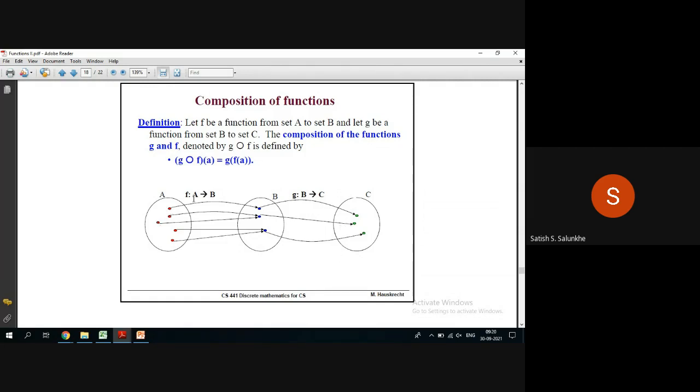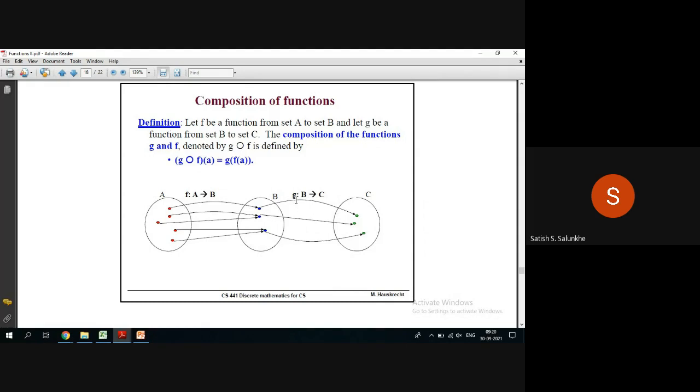You can see there is a function from A to B, and there is a function from B to C. So we try to identify which element in the codomain C this element is mapped to with the help of the composition operation. There is no direct function here. You are able to map elements from A to B with the help of f, and from set B to set C with the function g.